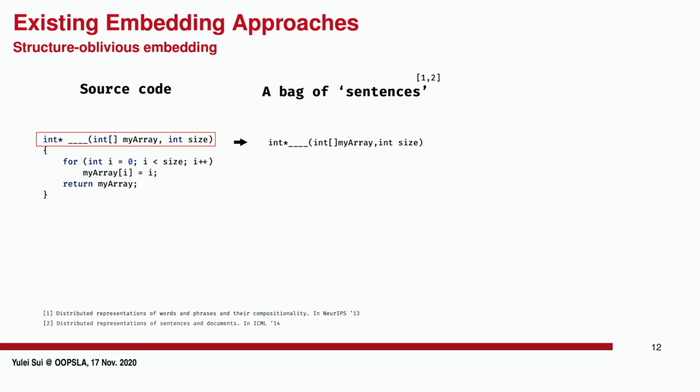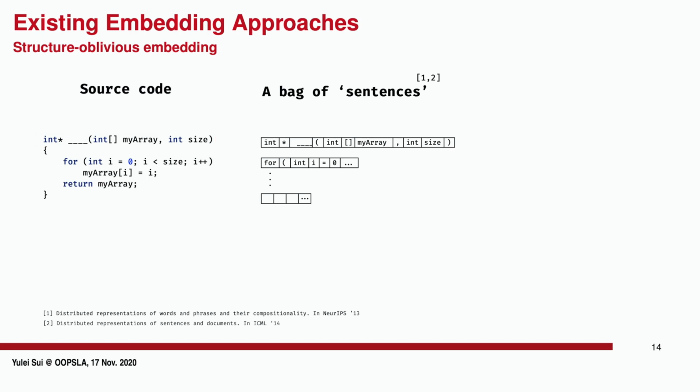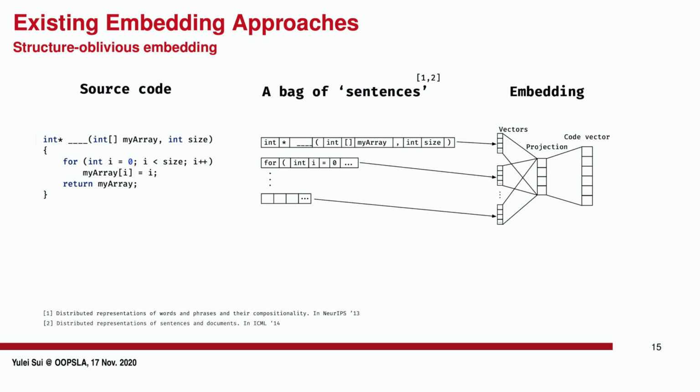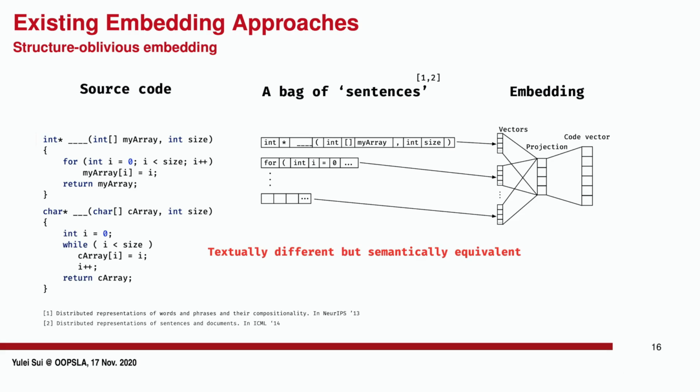Word embedding captures the relationship of a token with its co-occurrence tokens in a sentence. The resulting vectors are close to one another in the embedding space if two code fragments are textually similar. However, source code is not simple text. Two code snippets can be textually different but semantically equivalent, as the two code examples we have seen before.